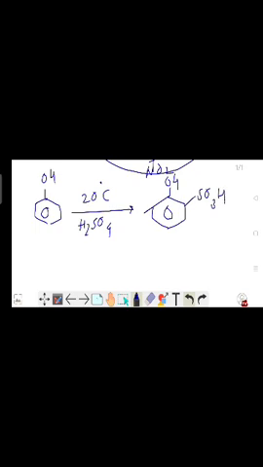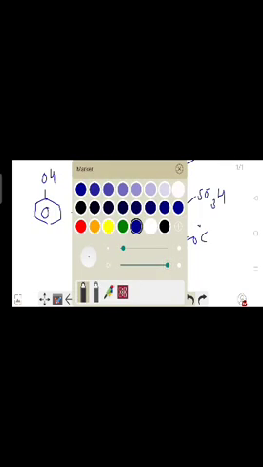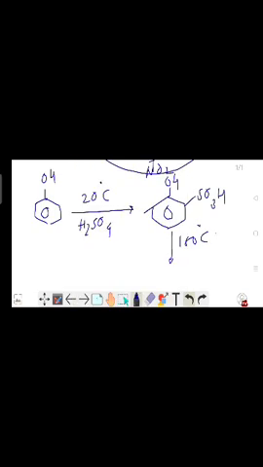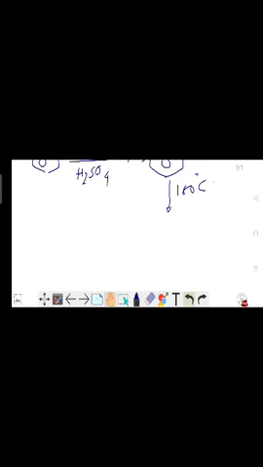And when this orthophenol sulfonic acid is further heated to 100 degrees centigrade, then it transfers into paraphenol sulfonic acid, because due to steric hindrance this orthophenol sulfonic acid is very unstable, so it produces SO3H at the para position.